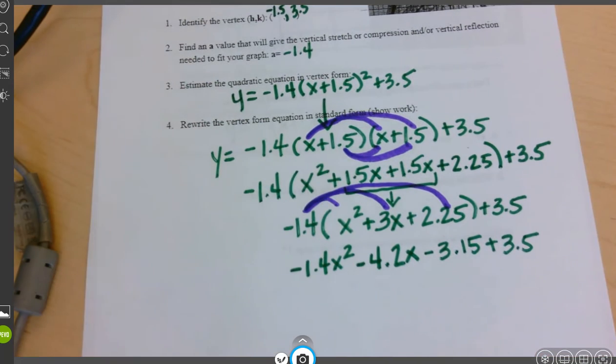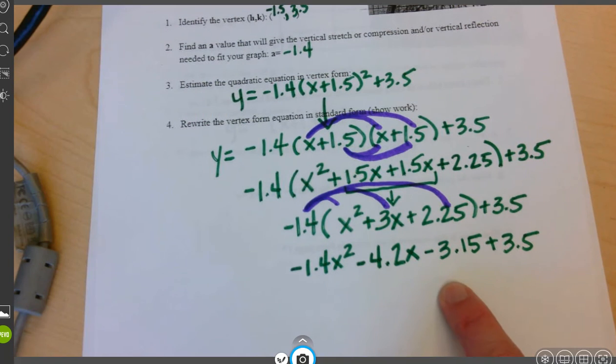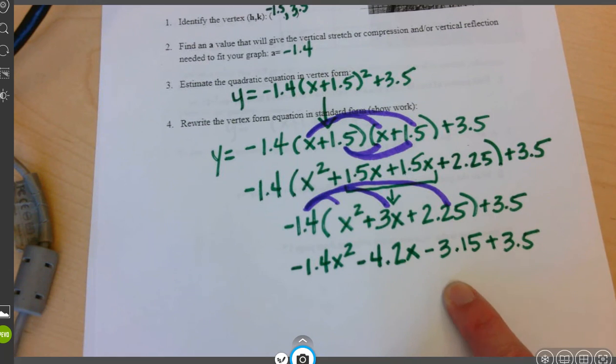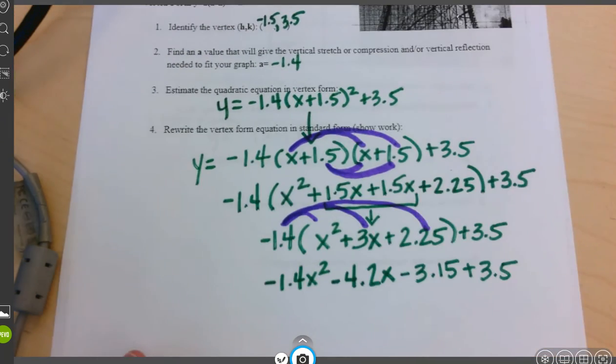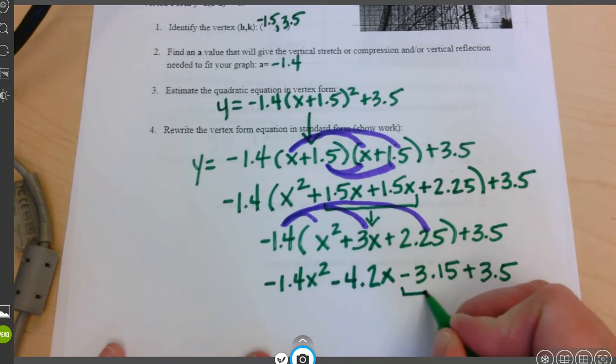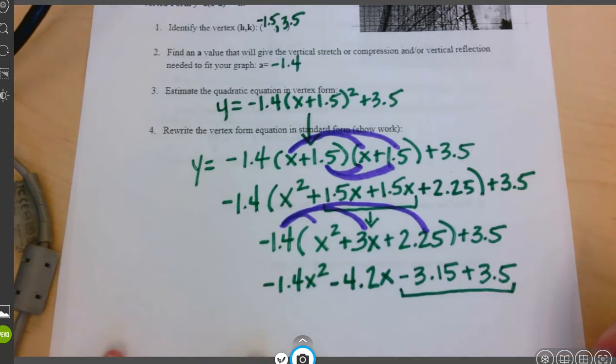And we are almost done. Does anybody see the like terms that we can combine here? I don't have two terms that have x squared. I don't have two terms that have an x, but I do have two terms that have no x's on them. So I can combine those two.